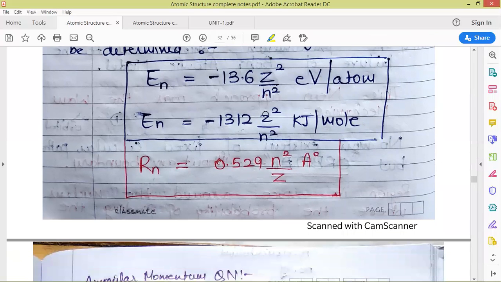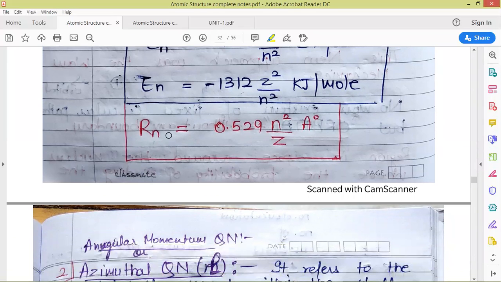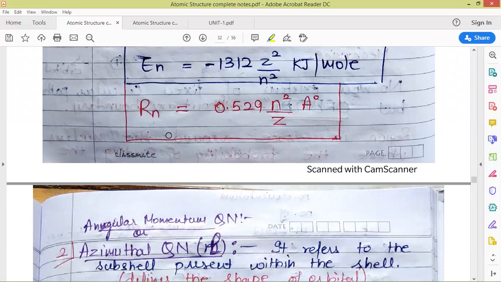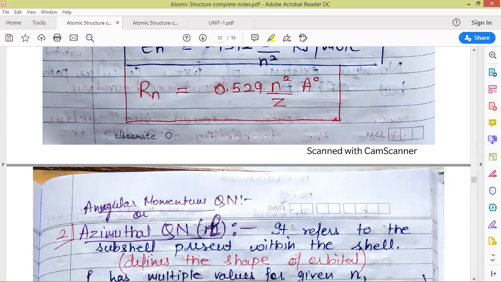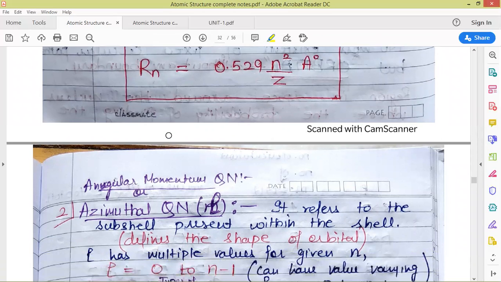If we change the unit, the value will be 1312 Z square by n square kilojoule per mole. Again, the radius, as we have already defined, is 0.529 n square by Z angstrom, or for the first Bohr orbit it was 0.529 angstrom, where n and Z are both 1.